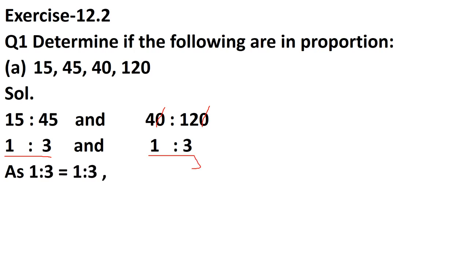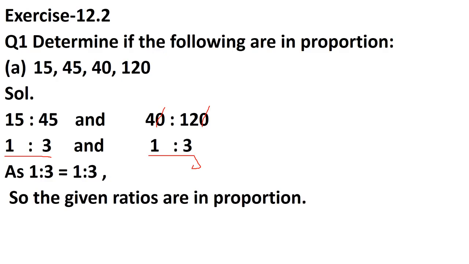That means 15, 45, 40 and 120 are in proportion. So the given ratios are in proportion. What we have done in this question is find the ratio between the first two terms and the last two terms. If they are equal, then they are in proportion.